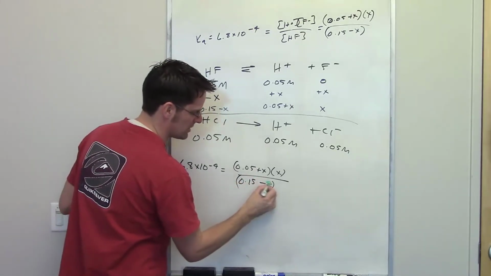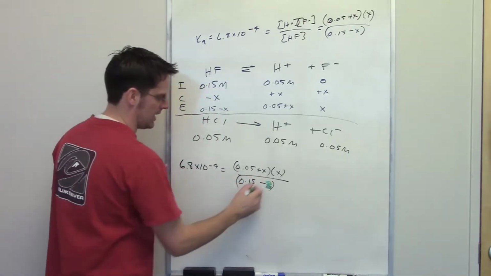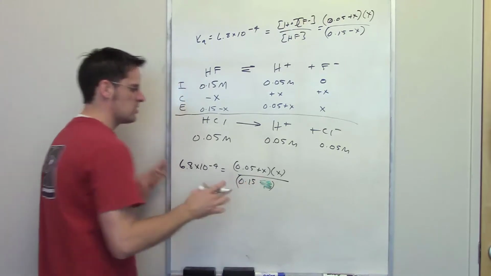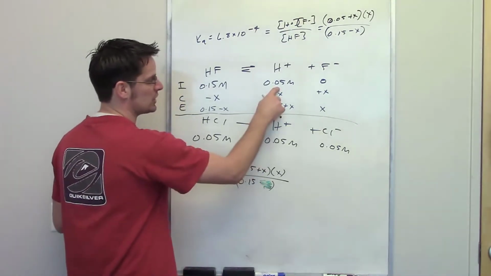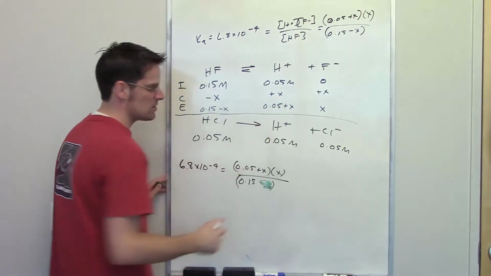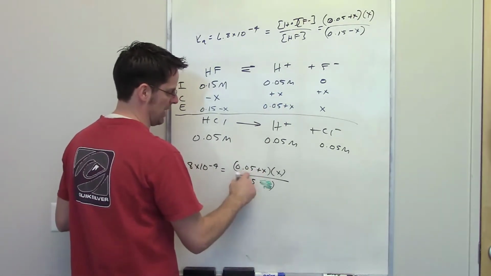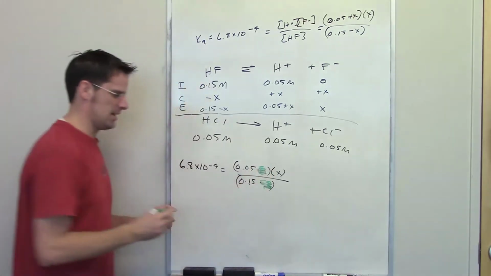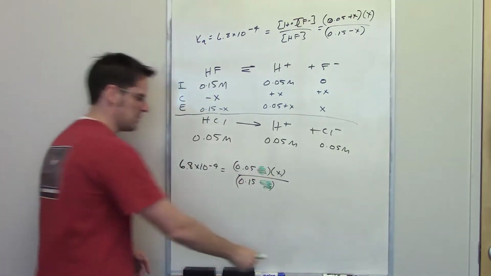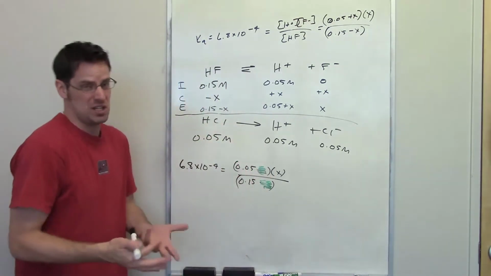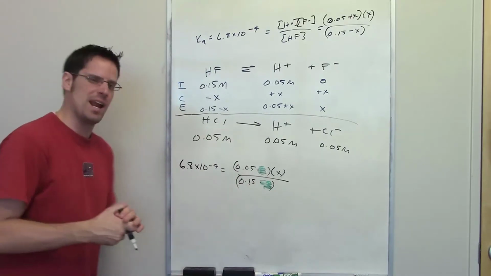So I can just cross out the X here and leave the 0.15 behind. Similarly, the amount by which this initial concentration of H plus increases is also going to be very small compared to 0.05, so I can cross out that X. It's a way of simplifying things, and it turns out to be close enough that for all intents and purposes you get the right answer.